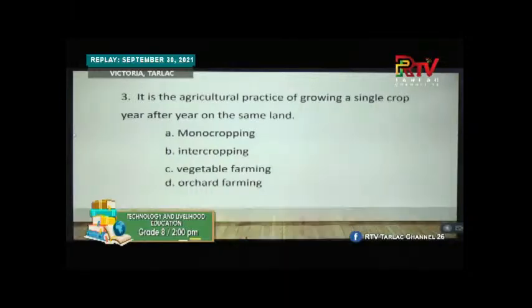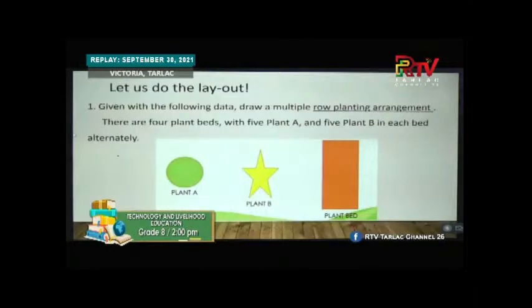And now for the last activity, let us do the layout. Given the following data, draw a multiple row planting arrangement. There are 4 plant beds with 5 plant A and 5 plant B in each bed alternately.